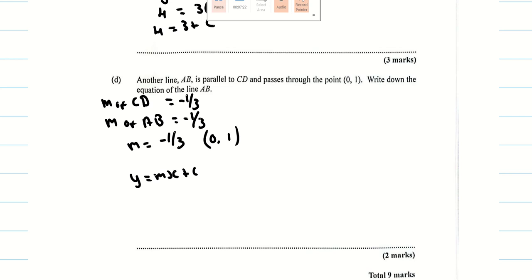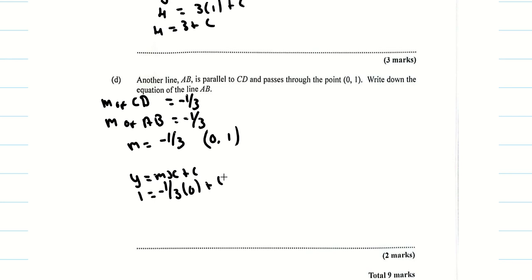Okay, so now we're going to substitute. So we know y is 1. Excuse me, let's just get a pen. So we know 1 is equal to negative a third times x, which is 0, plus c.